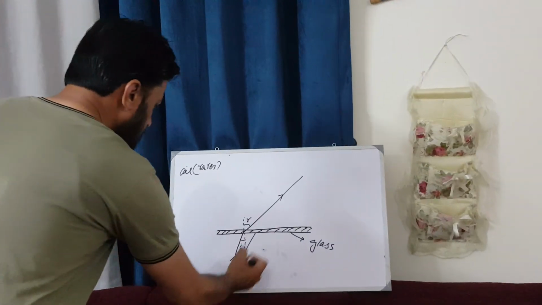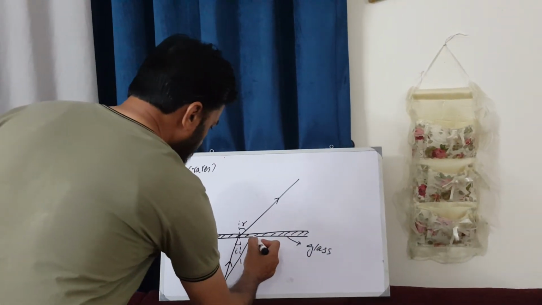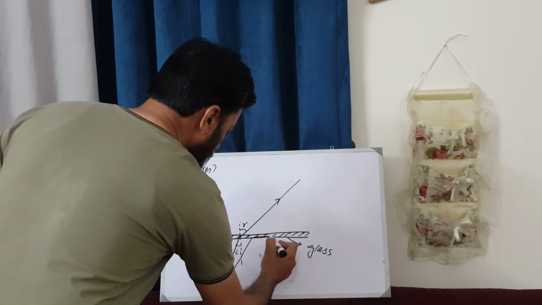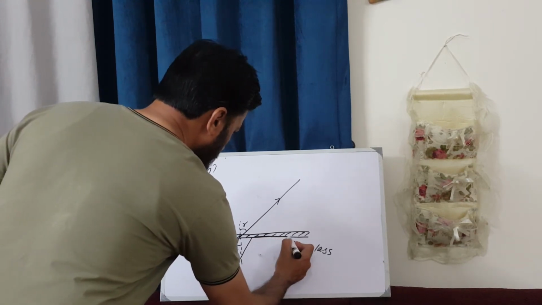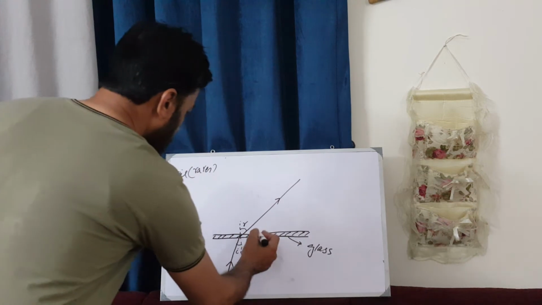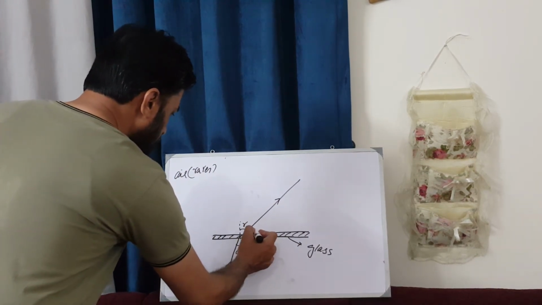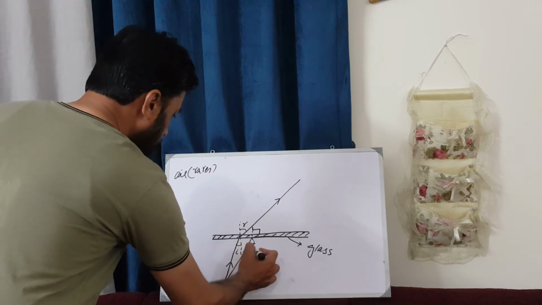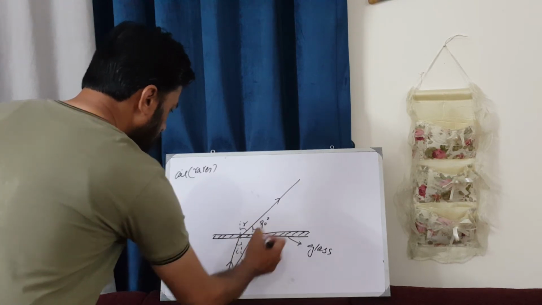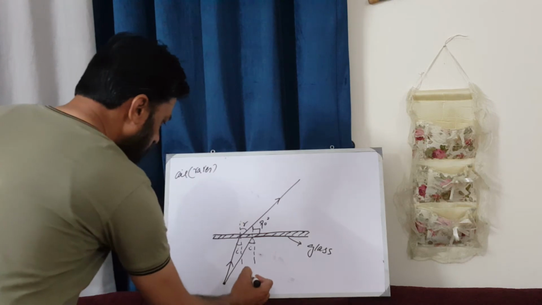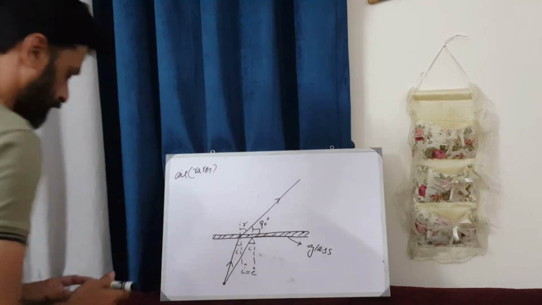When this angle of incidence increases, the corresponding reflected ray makes a 90-degree angle. This is I, and when it is 90-degree, this I is known as critical angle.